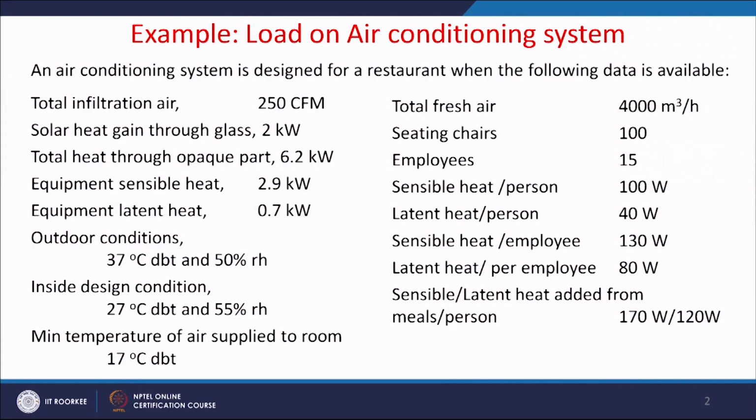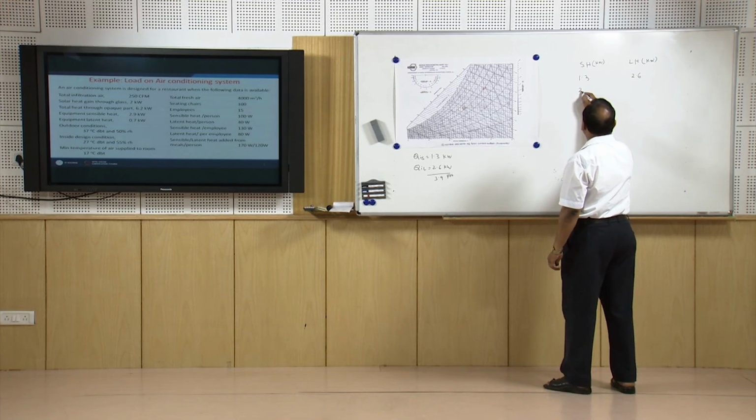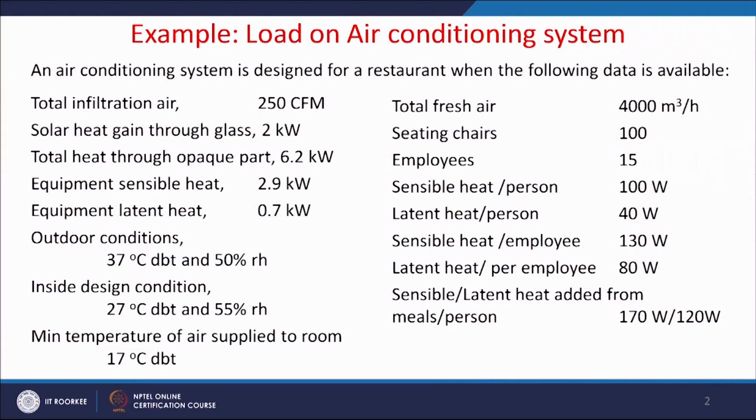The second is solar heat gained through glasses. So solar heat gain through glass is 2.0 kilowatt, that is sensible heat. Total heat through opaque part is 6, because in the opaque part there is only sensible heat transfer.